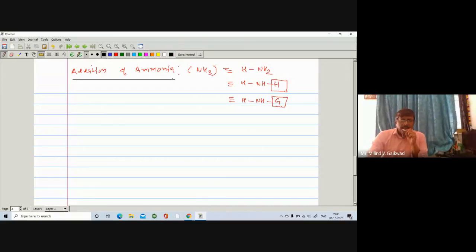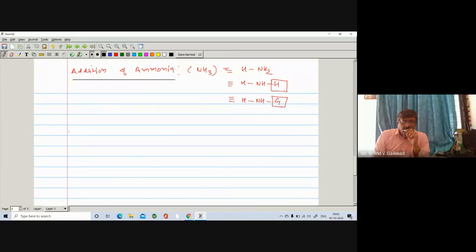Addition of ammonia on the carbonyl carbon. So here first you will see in general the mechanism may be nucleophilic addition or the electrophilic addition. If you react in presence of acid, then an attack of electrophile takes place. So electrophilic addition mechanism. So let us see in general first.